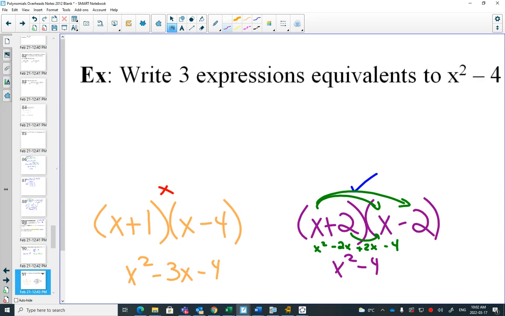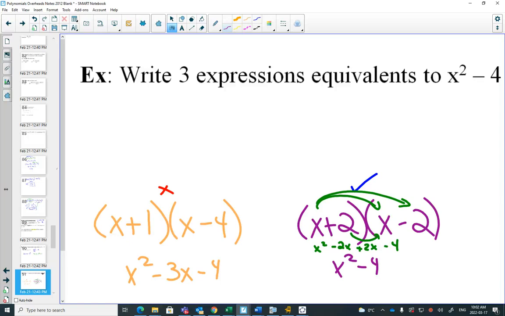This is technically something famous that comes up. 2 times 2 is 4. Because the two x's cancel out together. So it says x squared minus 2x plus 2x minus 4.